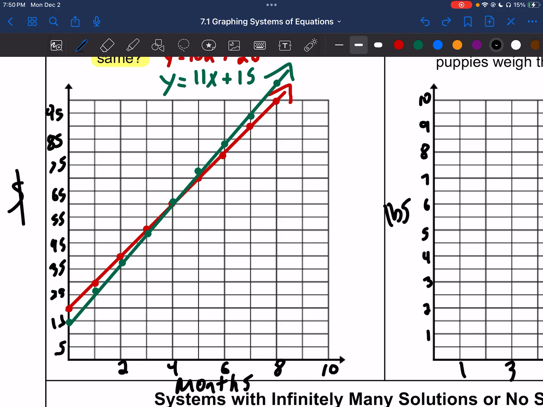No, they're close in the 4th month. It's actually the 5th month where they hit. The green line's a little bit off of where it should be because it should be right there. So our 5th month is the one that should have them intersecting.